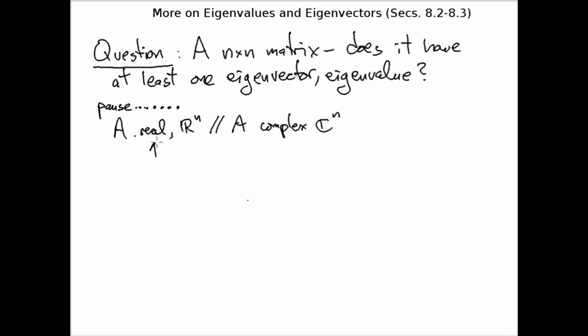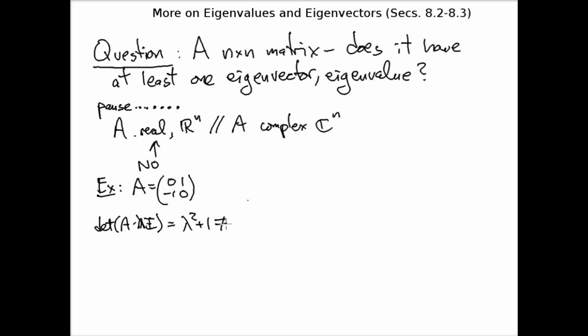And if A was real, the answer is no. And we saw an example last time where you take A to be 0, 1, minus 1, 0, because the equation that you get, determinant of A minus lambda I, is lambda squared plus 1, and that's never equal to 0.